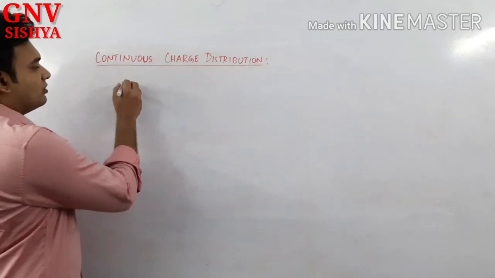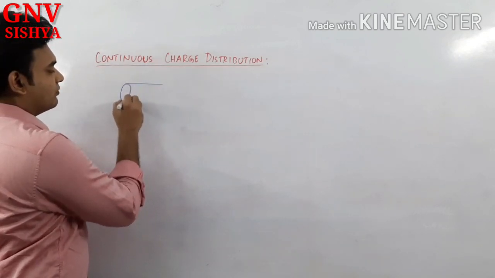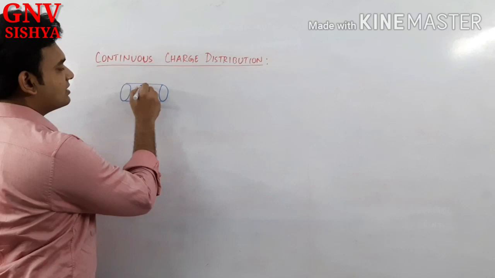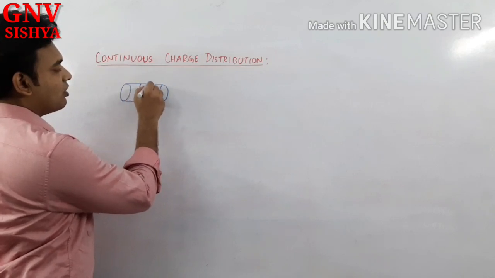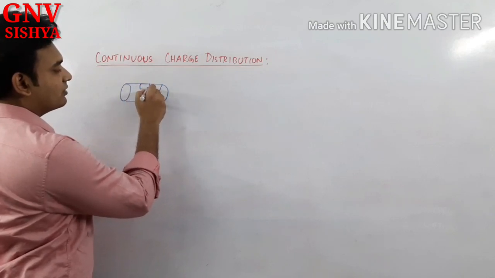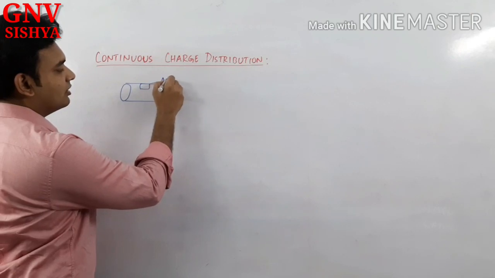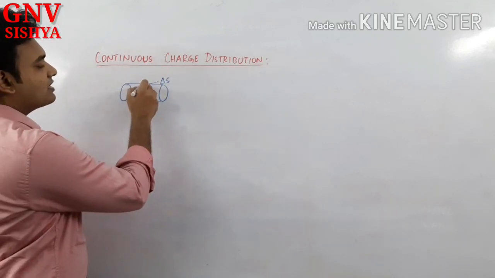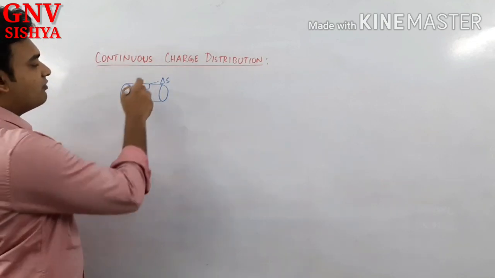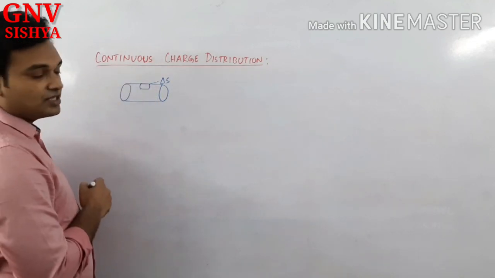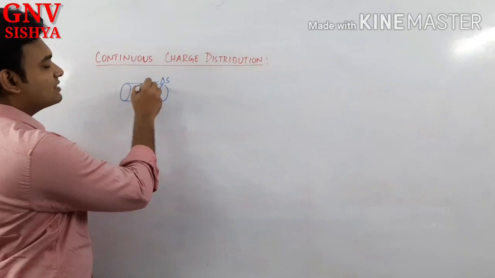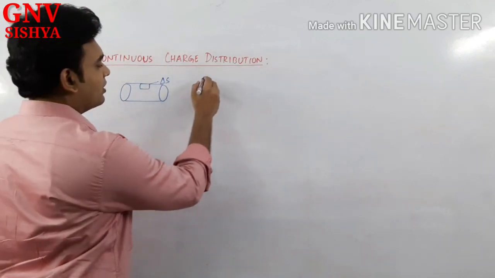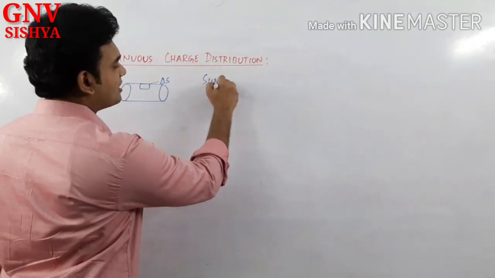Let us take a conductor, and on its surface a small area, let us say del S. For this area, we can calculate the number of charges present and find the charge density, which we call surface charge density.